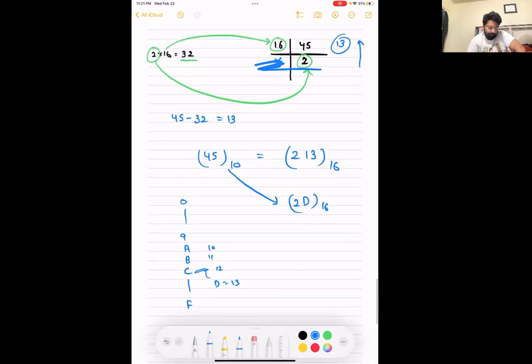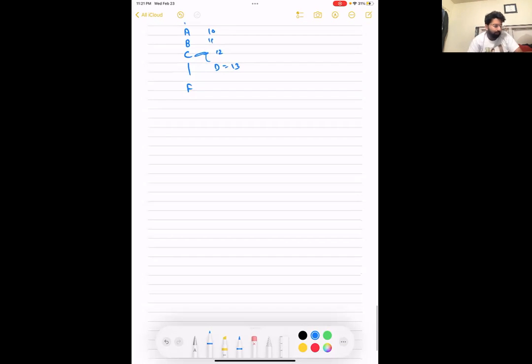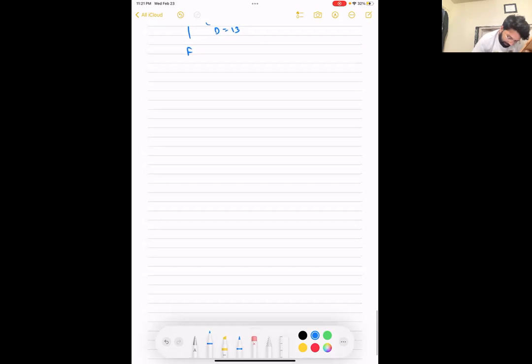I hope that makes sense, but let's do the next problem because practice will make you better. So the next problem is 909 in decimal. Okay, let's do that.